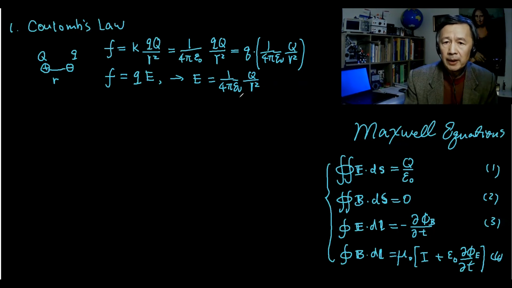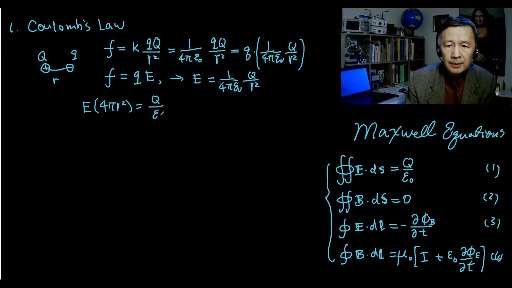Now, if we multiply by 4 pi R squared on both sides, we obtain that 4 pi R squared times E simply equals Q divided by epsilon 0. So what is 4 pi R squared? Well, 4 pi R squared is just the surface area of a sphere.